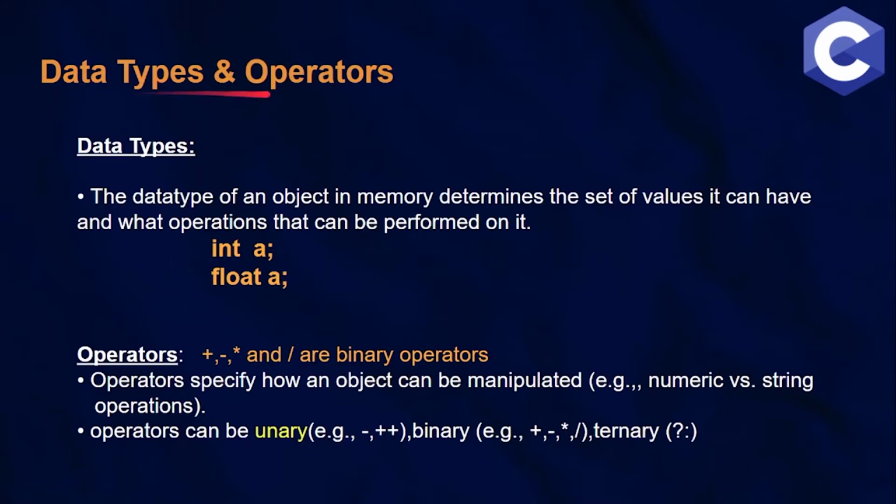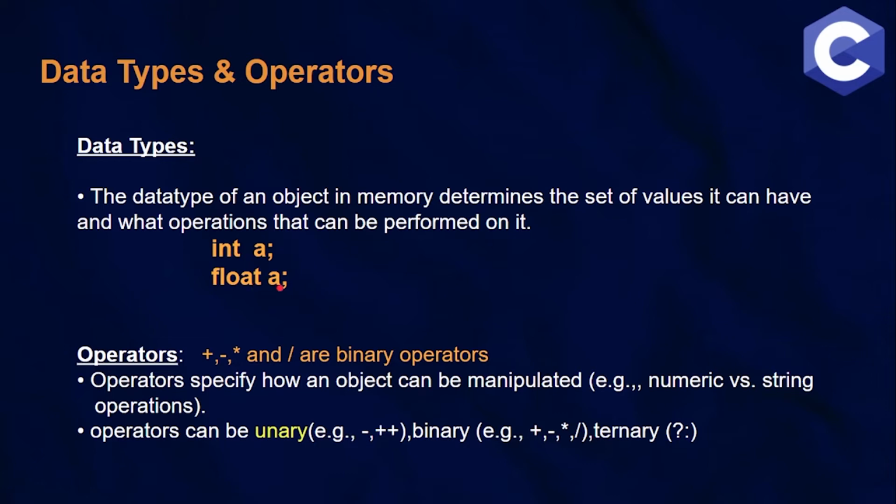Now let us see data types and operators. What is a data type? Here you have seen that a is declared as int. Int is the data type of a, and here a is declared as float. Float is the data type of a. I mean, a cannot be declared like this, but for example's sake, I'm telling you, if a is declared as int, then it will have some set of values.